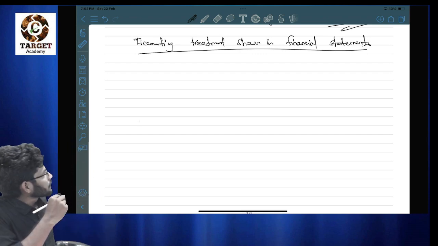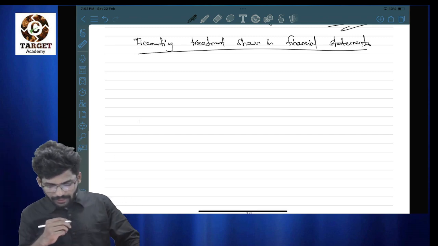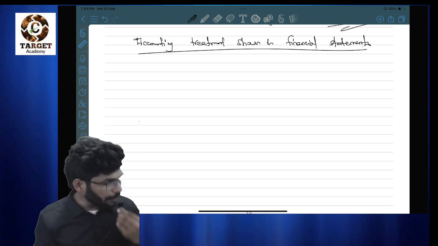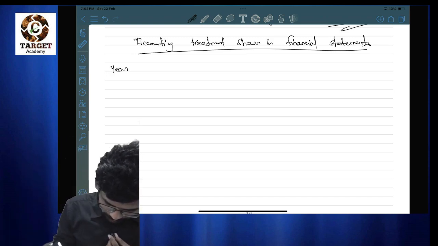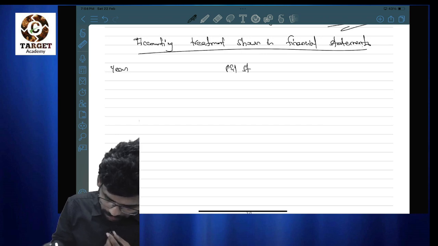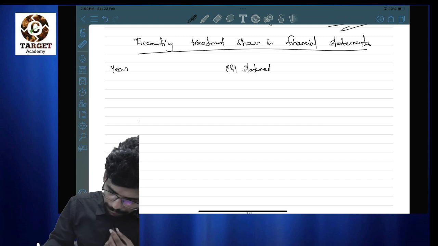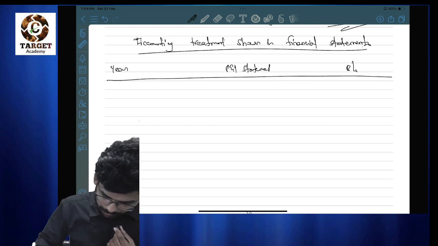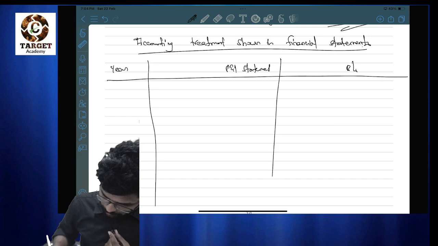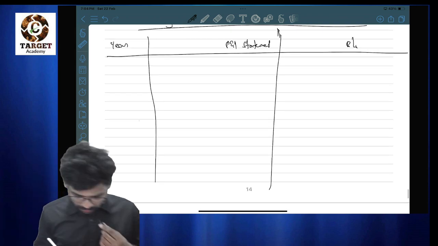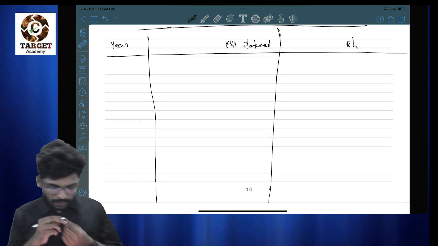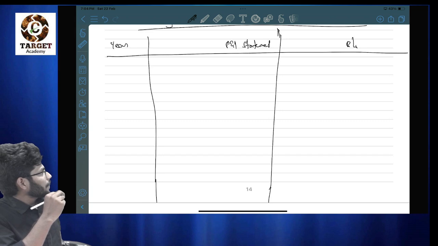Okay, note down. How many years did he ask? 3 years. Financials means P&L statement and balance sheet. Year, P&L statement, balance sheet.